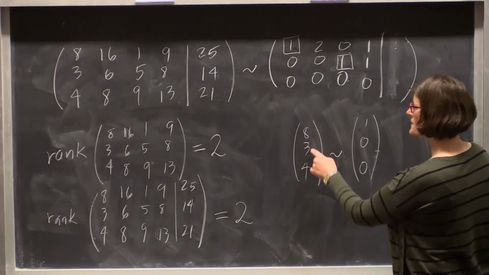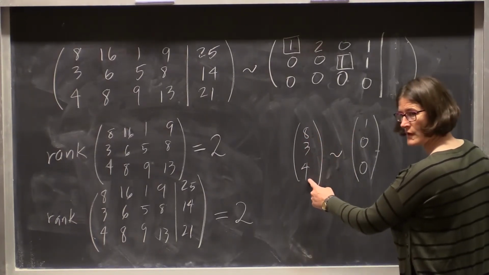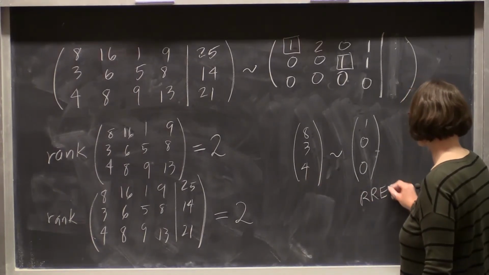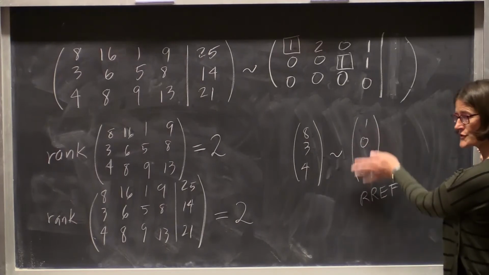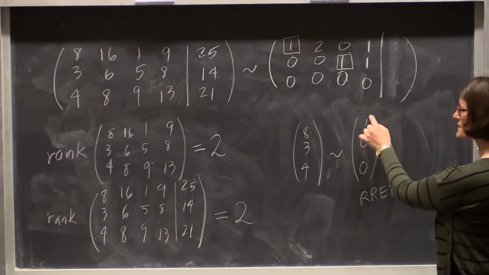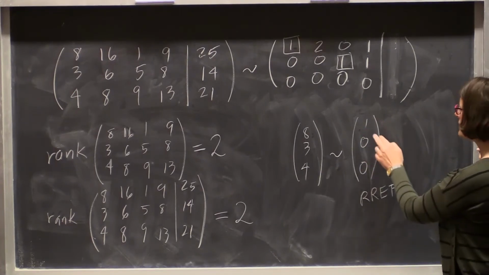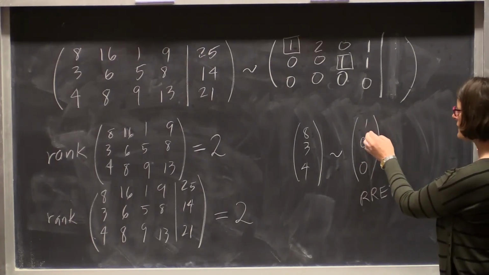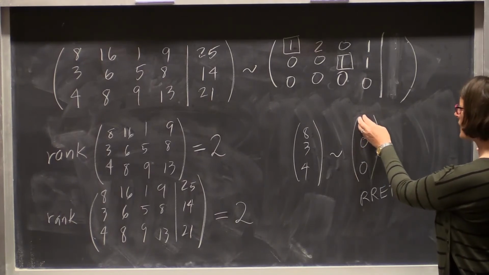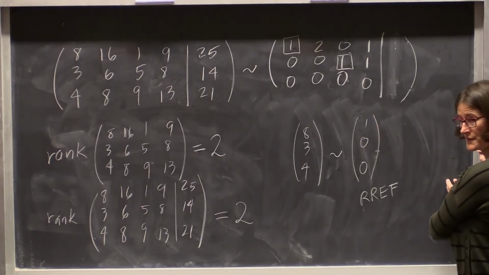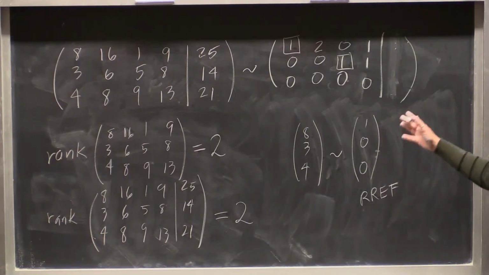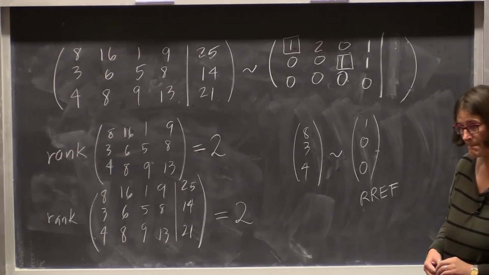Then you would use that 1 to kill the 3 and the 4. This is in reduced row echelon form. All of its zero rows are at the bottom, its leading 1 has zeros above and below it, and if you have more than one non-zero row, the leading ones move to the right. It looks very bizarre because it looks like a vector. In fact, it is a matrix.